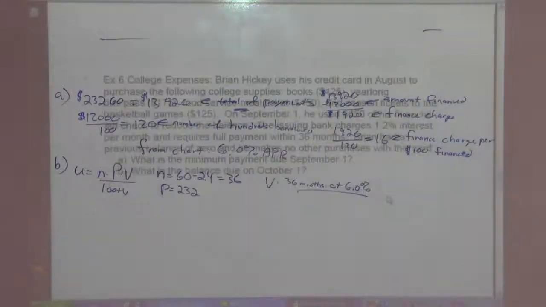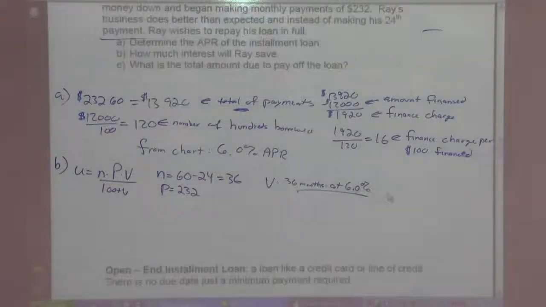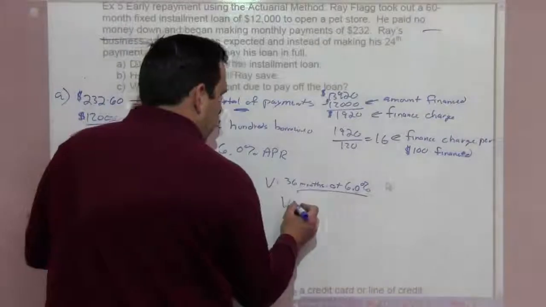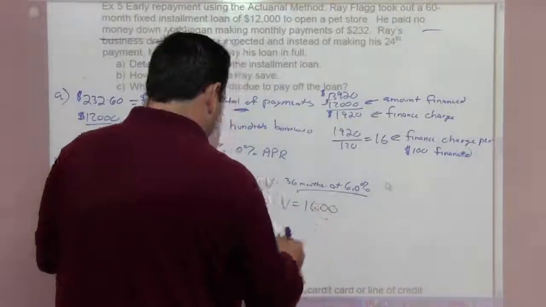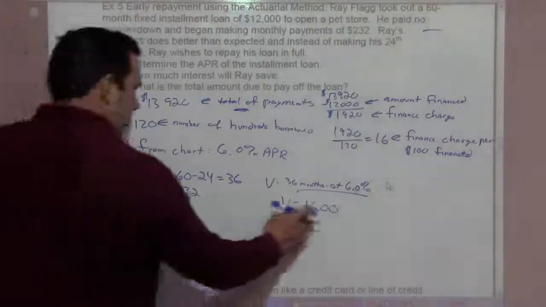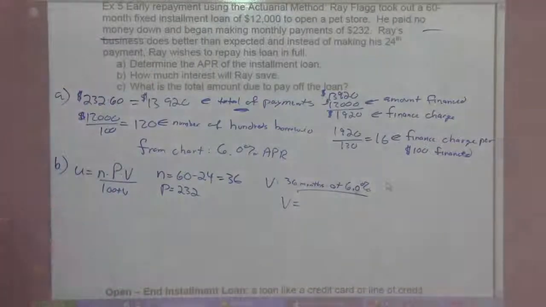So with that, our V is... no, I had that wrong. You go back up to the chart. It was 6%.